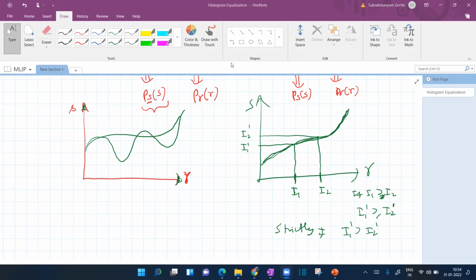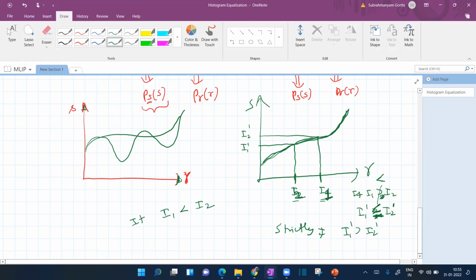Sorry, one of you is right, what I have written is actually less than. So let me put it as less than, then it should be less than or equal to here. Thanks for pointing it out. I could have written the opposite also, if I write the I1 as I2 and I2 as I1. Let me write this as I2, this as I1, this as I2 prime, this as I1 prime. Then all my earlier statements hold good. That's a good point.